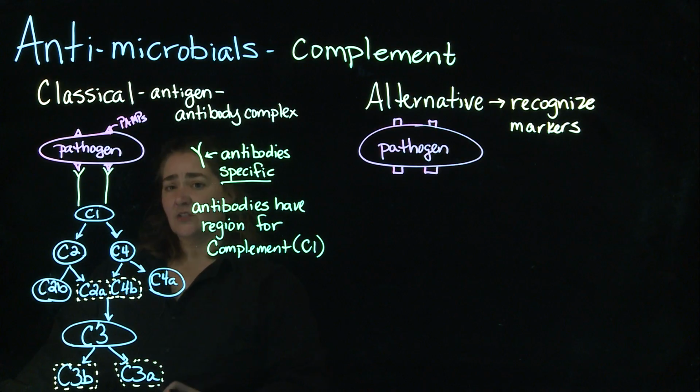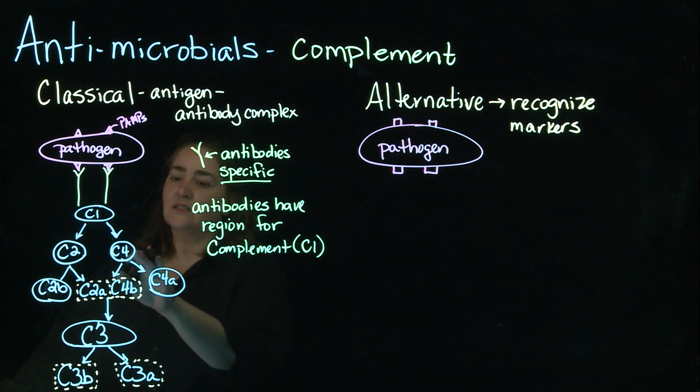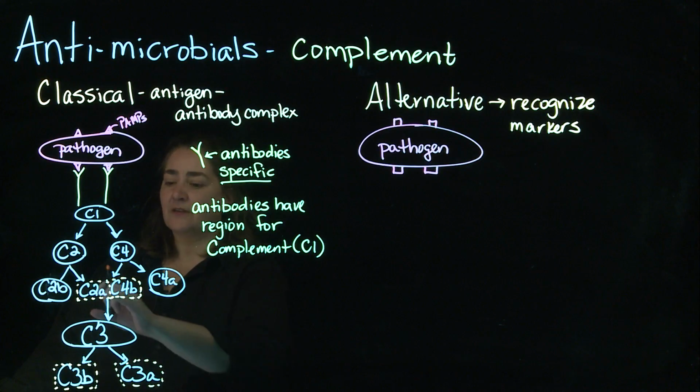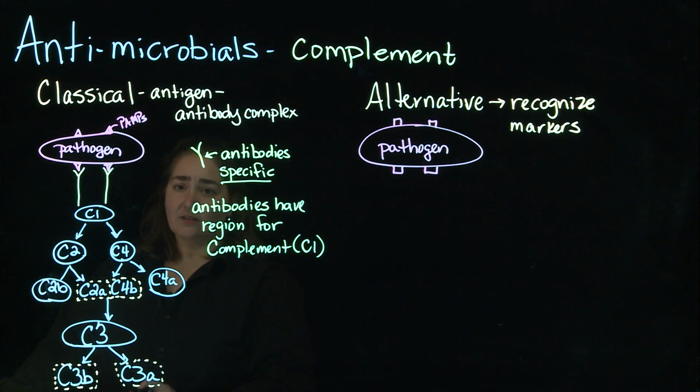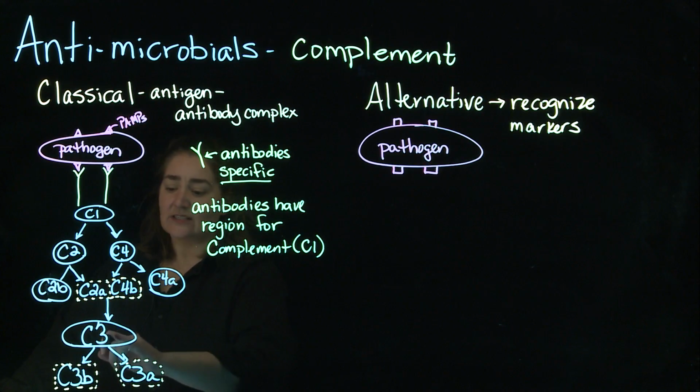That antibody binds to C1. C1 then activates two other proteins associated with the complement cascade, C2 and C4. Those split in half and give us an A and a B. So we've got 2A, 2B, 4A, 4B. 2A and 4B are needed to activate the third complement protein, C3.